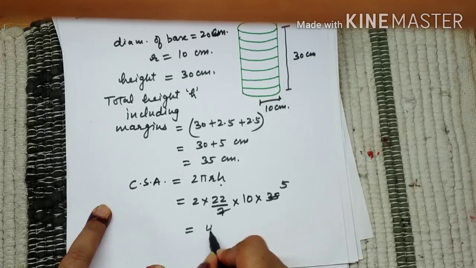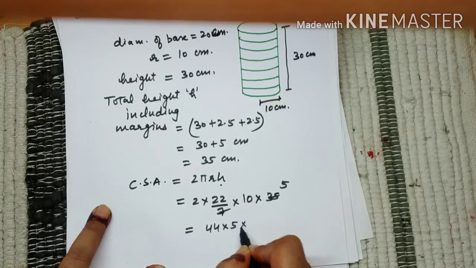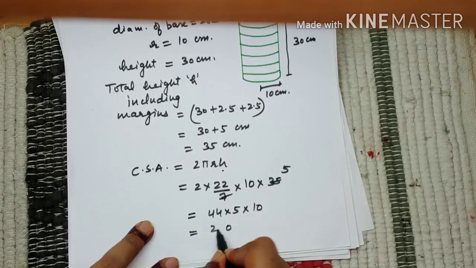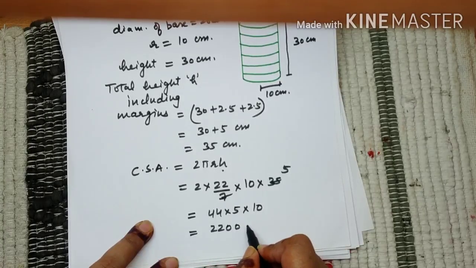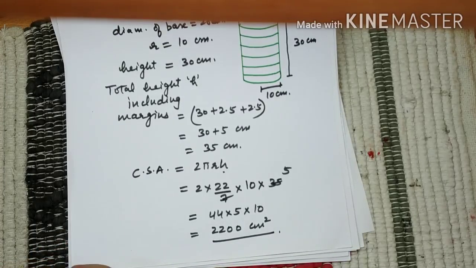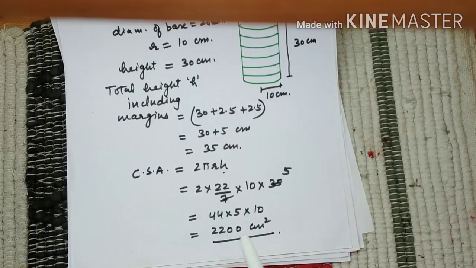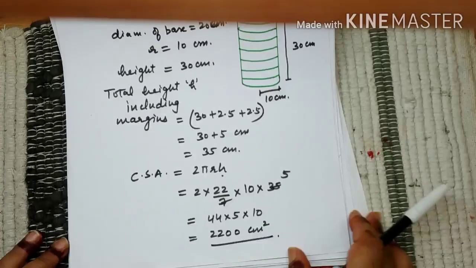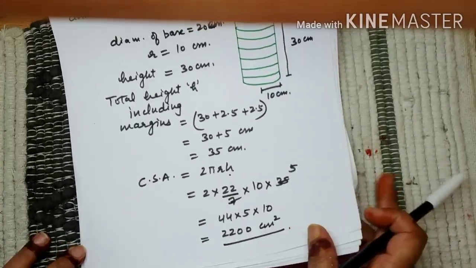So I have 44 into 5 into 10. So 44 into 5, centimeter square. So we get the area of the cloth required is equal to 2200 centimeter square. So this is the area of the cloth required to cover the lampshade with the decorative cloth.